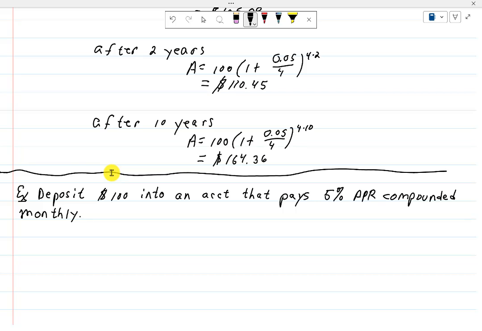So now the formula is going to look like this. We're still going to have the $100 we're putting in. Still going to have my 0.05, but now it will be over 12. And then I'll have 12 times y in my exponent.